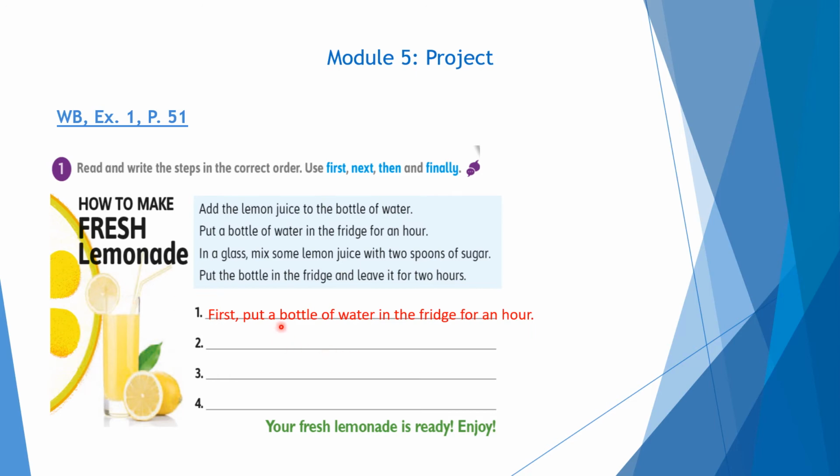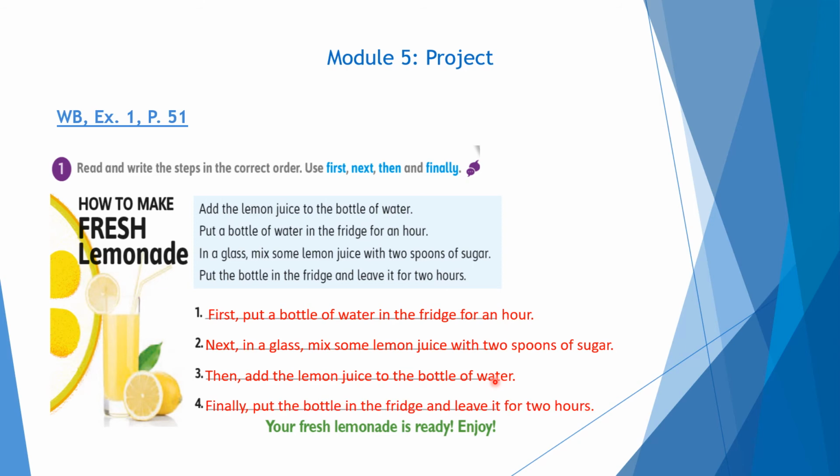First, put a bottle of water in the fridge for an hour. 2. Next, in a glass, mix some lemon juice with 2 spoons of sugar. 3. Then add the lemon juice to the bottle of water. And 4. Finally, put the bottle in the fridge and leave it for 2 hours.